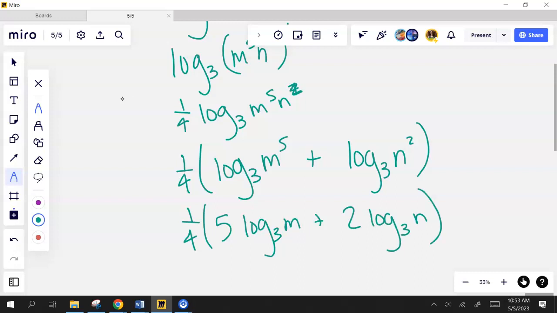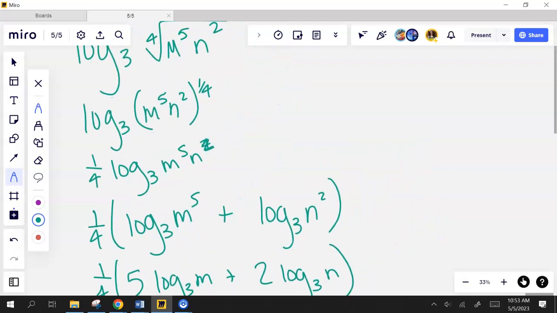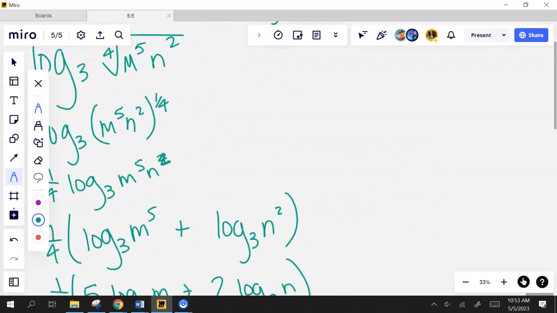Does that make sense? Logs get sticky. The other way, I would have said that this was log base 3, taking this to both pieces. So m to the 5/4, n to the 2/4, which is a half, right?